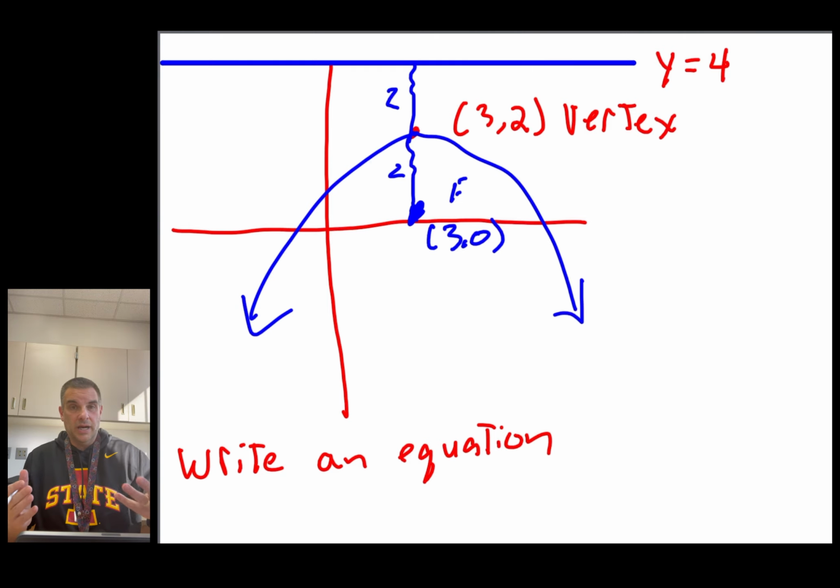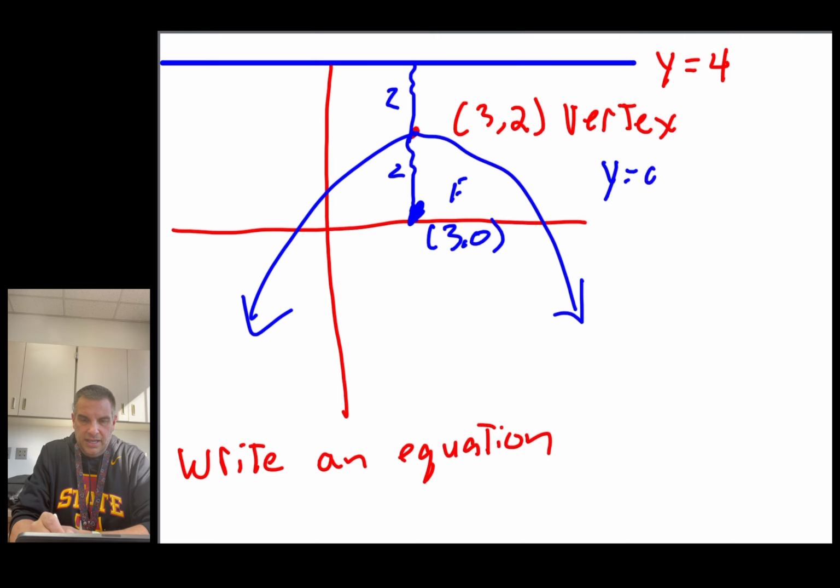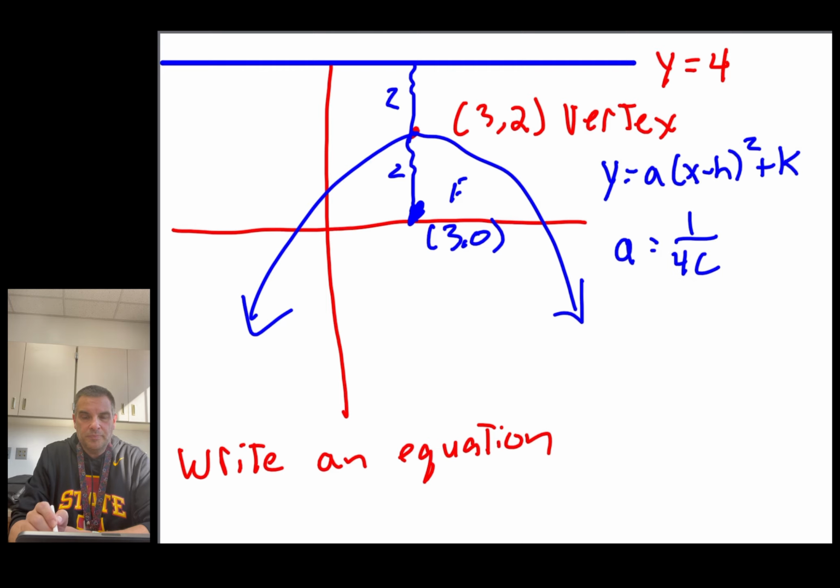So x equals or y equals? Well, y equals. So this is going to be y equals a times x minus h squared plus k. So we have to find the a value. A value is 1 over 4c. C value is 2, but it's going down, so it's going to be negative. So that's 1 over 4 times negative 2, which is negative 1/8.